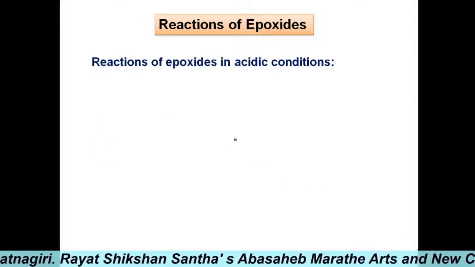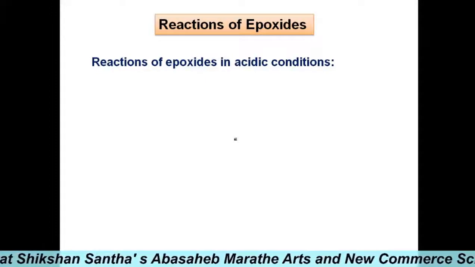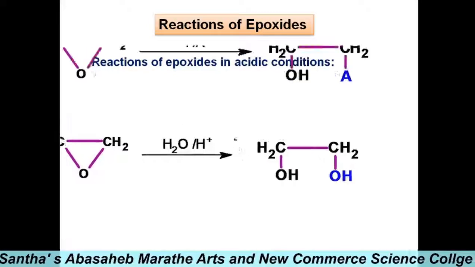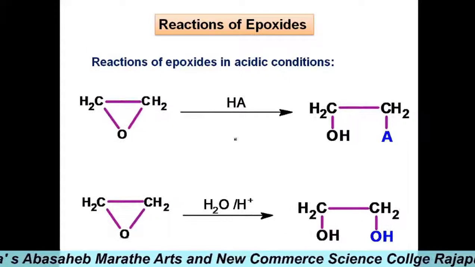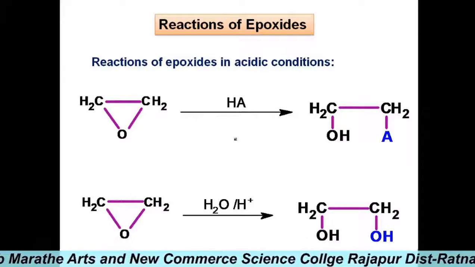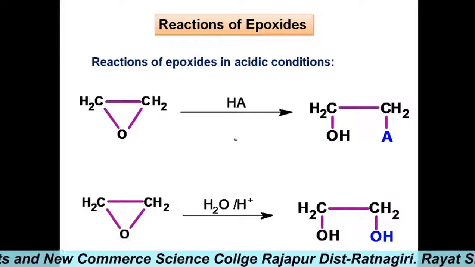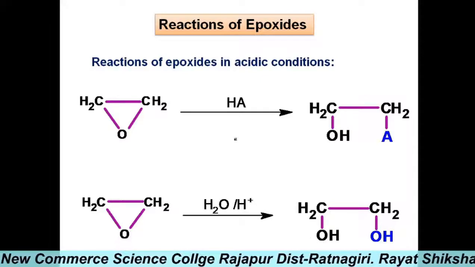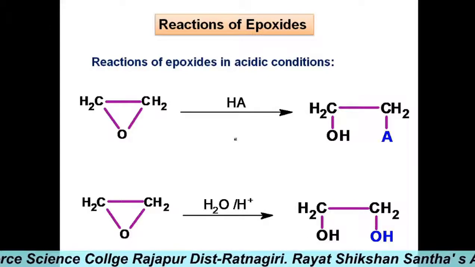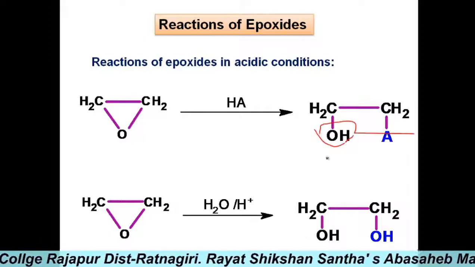Next point, we will see some reactions of epoxides. The first is the reaction under acidic conditions. In acidic conditions, ring opening takes place. Epoxides have a tendency to open the ring in acidic conditions because they combine with hydrogen atoms of various compounds to form hydroxyl derivatives.